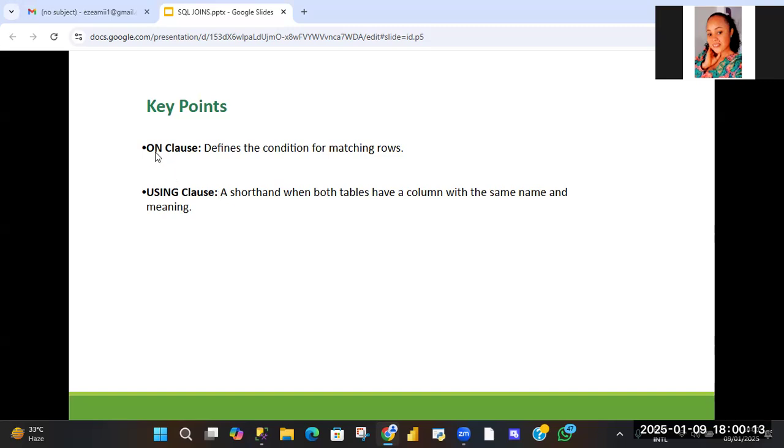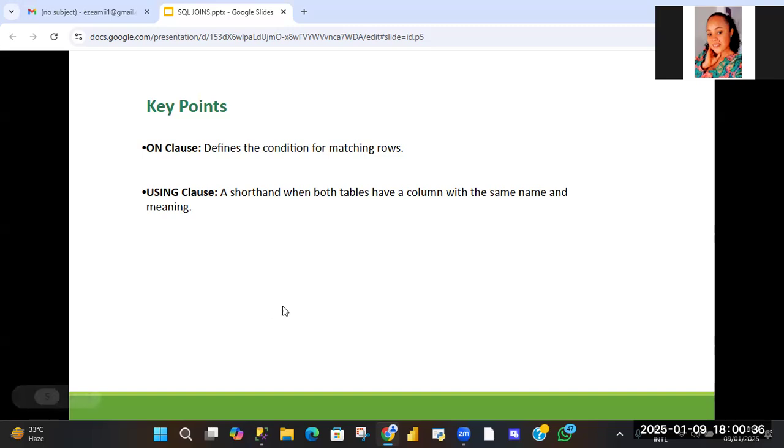Instead of using ON and calling on the tables, if the columns have the same name, for instance, customer ID in table 1 and customer ID in table 2, you can easily say USING customer ID. This will join your tables on the column name you mentioned.